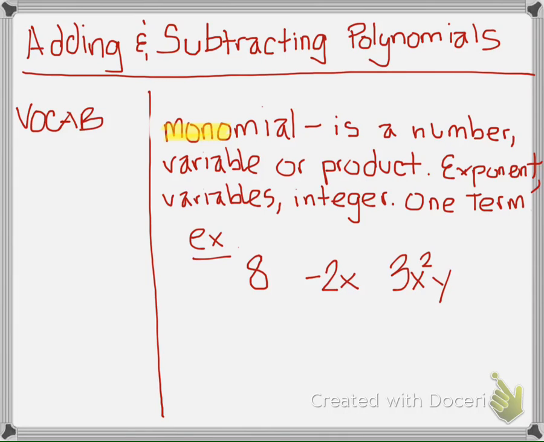Even though there's a number and two variables and a power, it's still only one term. It's a number, variable, or product. I can even have a fraction in there, like 1/2 of x squared. So that would be the definition of monomial. Go ahead and pause now if you need more time to copy it down. Otherwise, we'll proceed to a clean page.